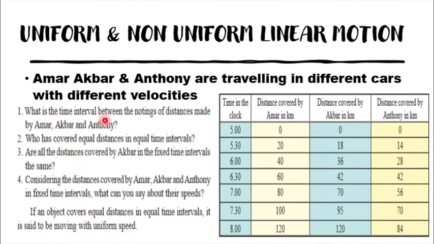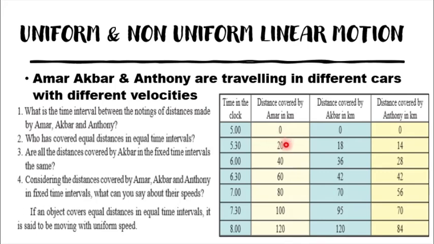What is the time interval between the notings of distance made by Amar, Akbar and Anthony? So, what is the time interval here, children? It is 30 minutes. Who has covered equal distance in equal time intervals? So, only Amar and Anthony had covered equal distances.